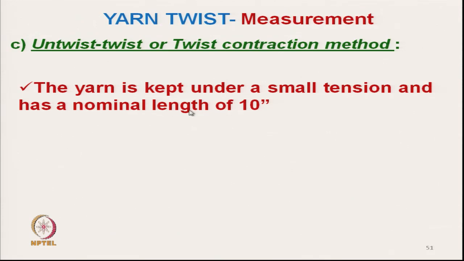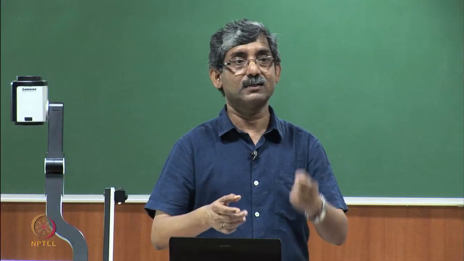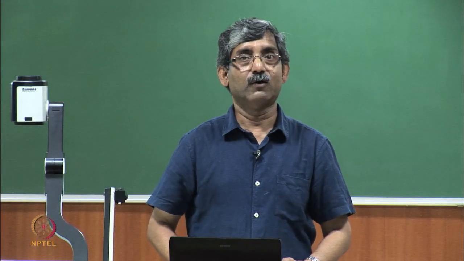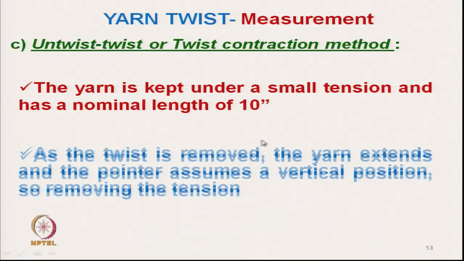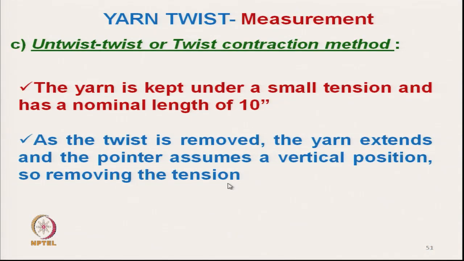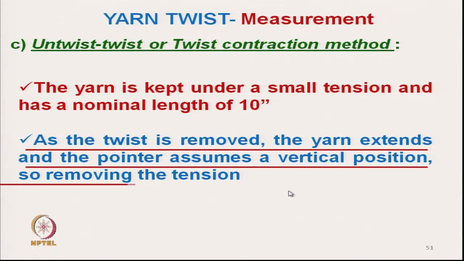The yarn is kept under the same tension, a small tension, and this tension is normally constant for a set of yarn, and we keep a nominal length of 10 inch. As the twist is removed, the yarn extends and the pointer assumes a vertical position, removing the tension.